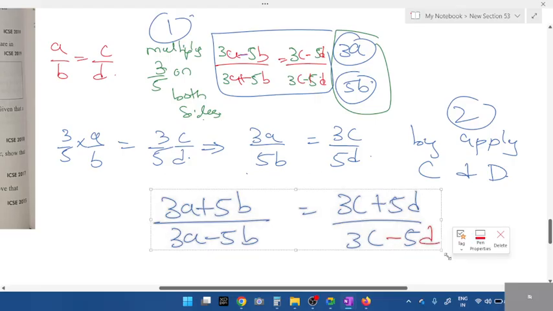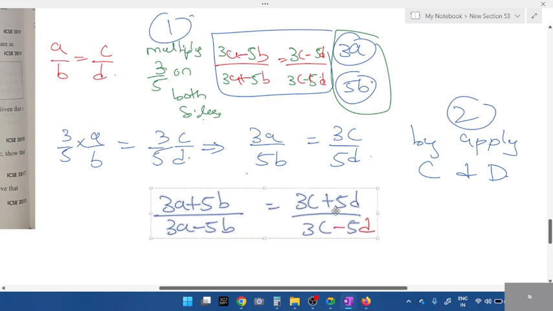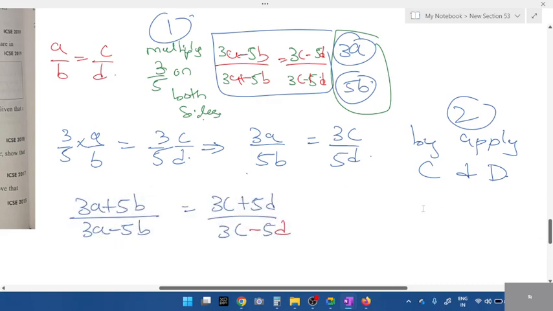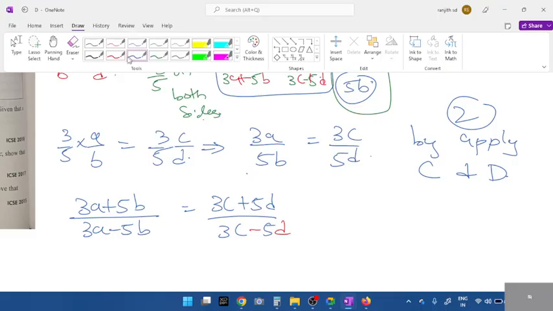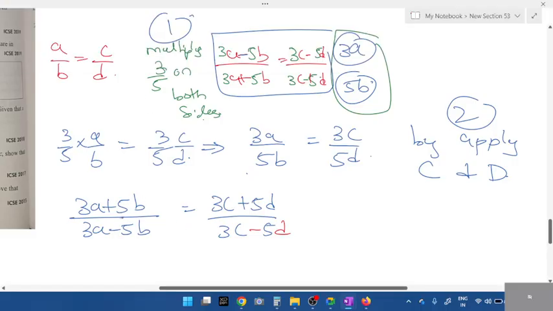Are they equal or different? Tell me. Different. What other rule can we apply to make them equal? What all we studied? Invertendo, alternando, which one can I apply? Reciprocal rule. Which one do we use for reciprocal? Invertendo. So you have to write by invertendo.